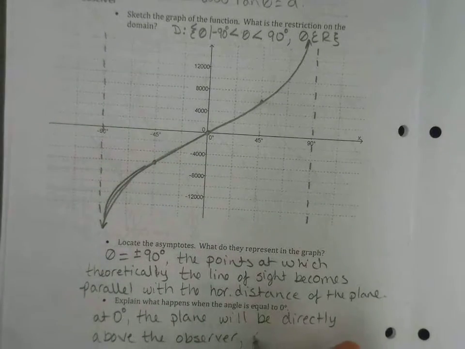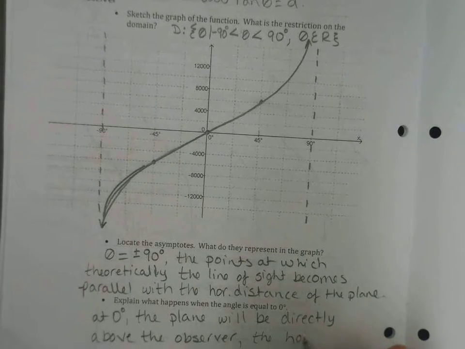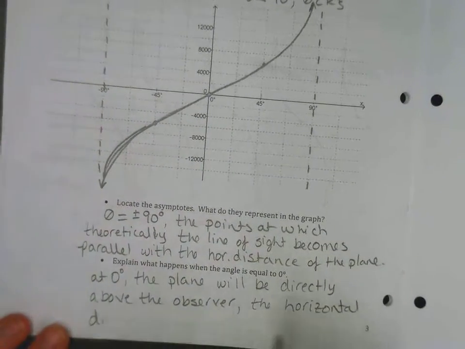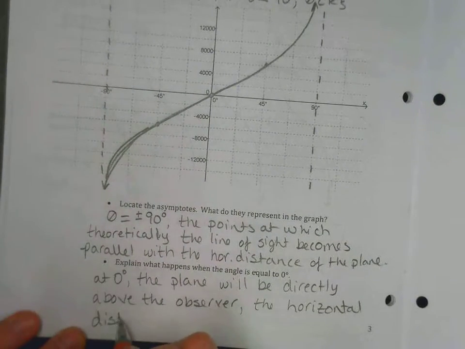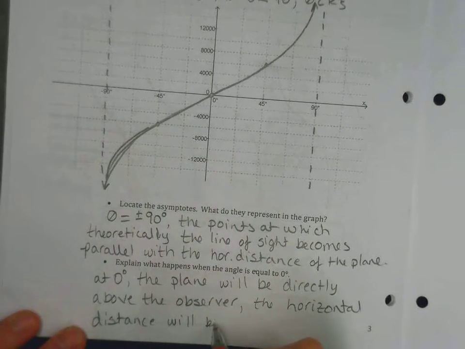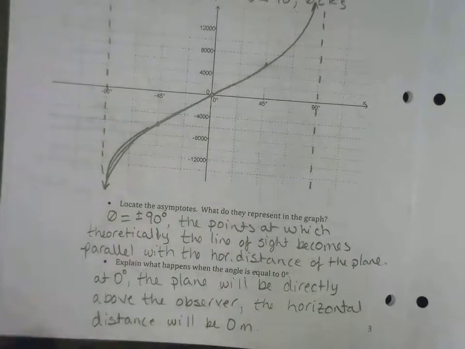Okay. The horizontal distance would be 0. Okay, and this is modeling a tangent problem.